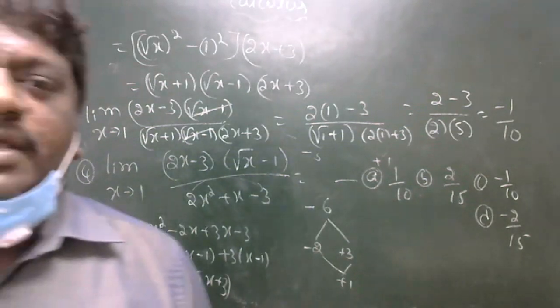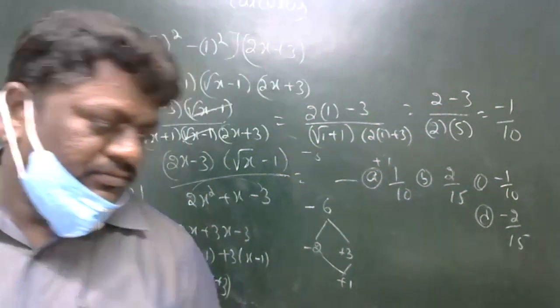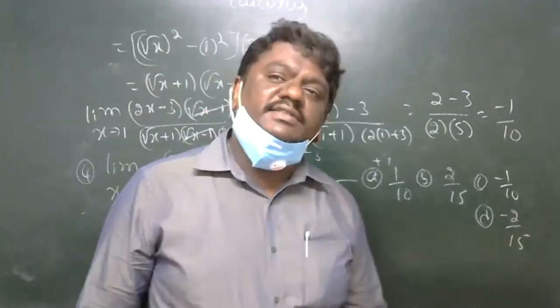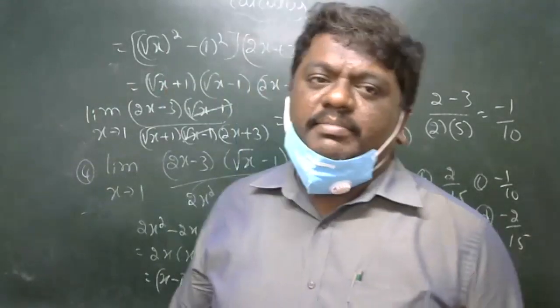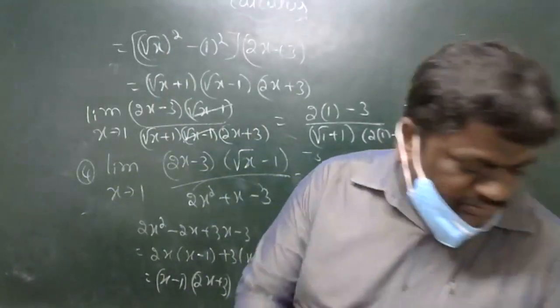Based on the formula we can do it in the next class. One more method is there besides factorization: multiplying by the RF, the rationalizing factor. I will tell you.